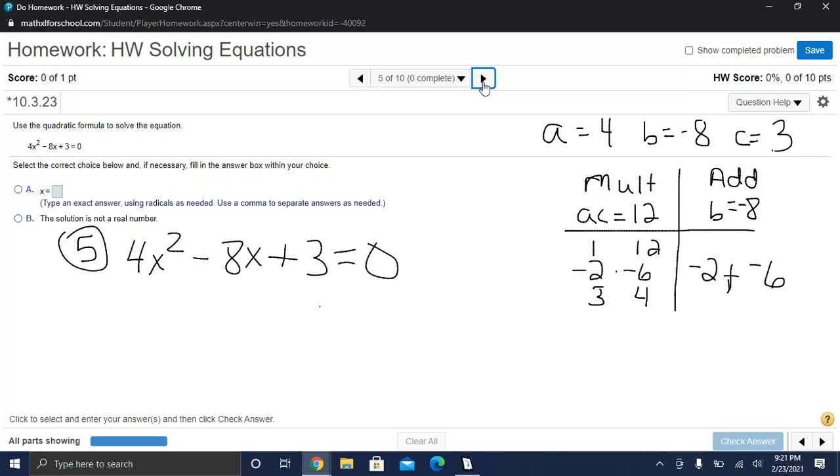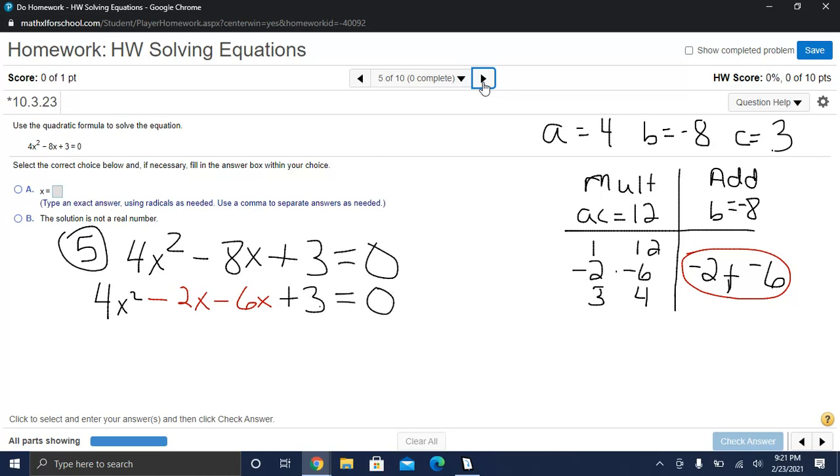So I'll take 4x squared, and then my middle terms, I'll use -2x minus 6x, and then plus 3 equals 0.